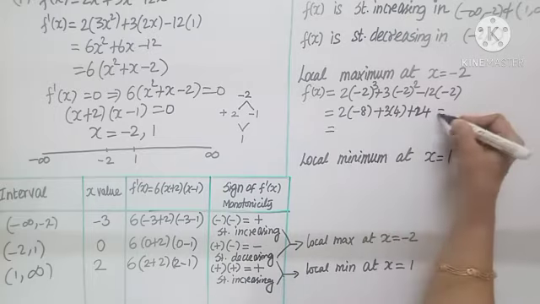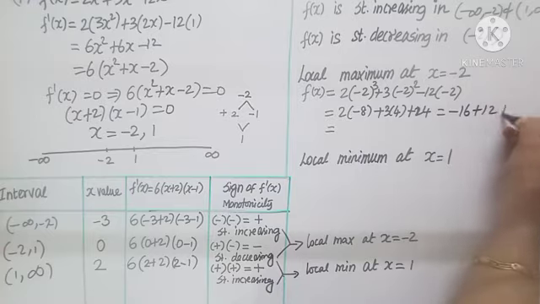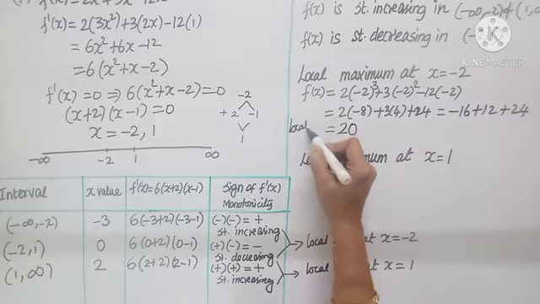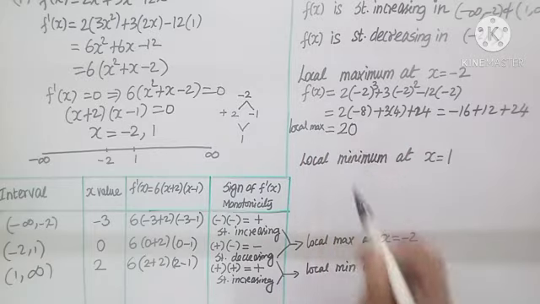Simplify: minus 16 plus 12 plus 24. It is 20. So local maximum is 20.